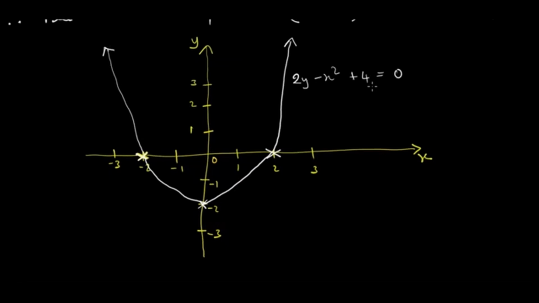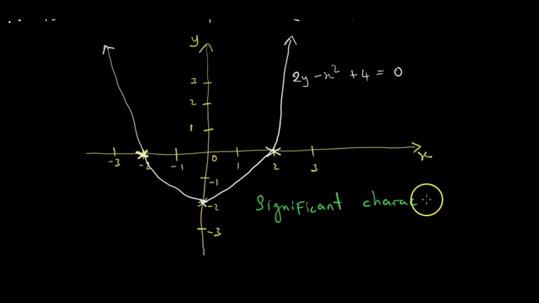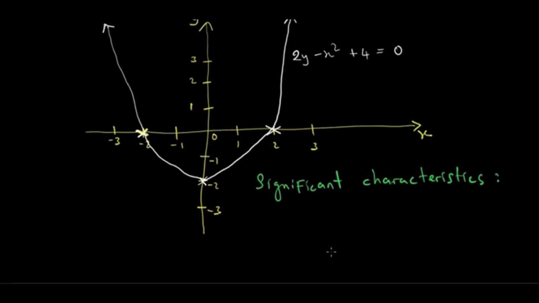What we have to do next is define the significant characteristics which we can observe from that curve. What are they going to be? For our significant characteristics, our first point is a is greater than 0.